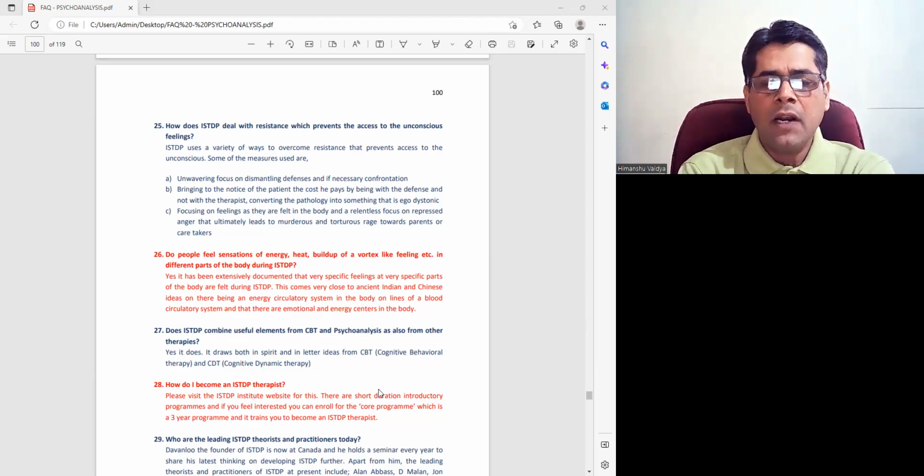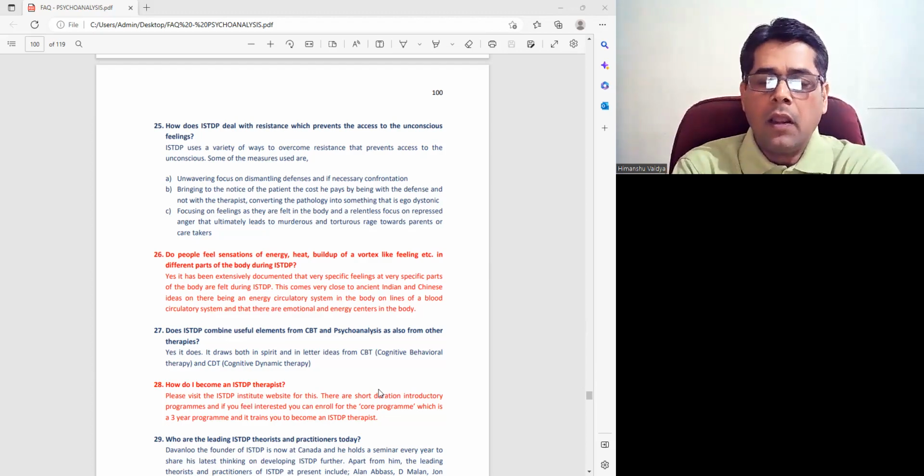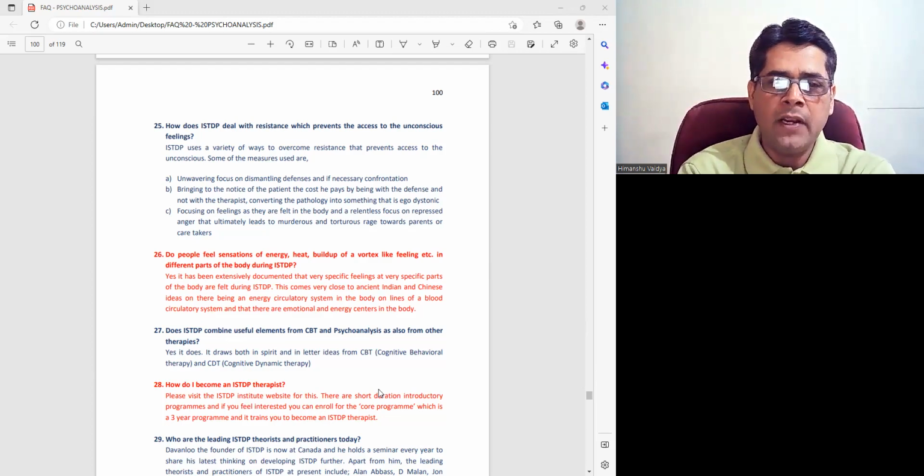So there are no ifs and buts, there are no doubts behind the scene. As the affect moves, based upon which is the affect in question, what is the volume and how it is moving, it is felt at different parts of the body.